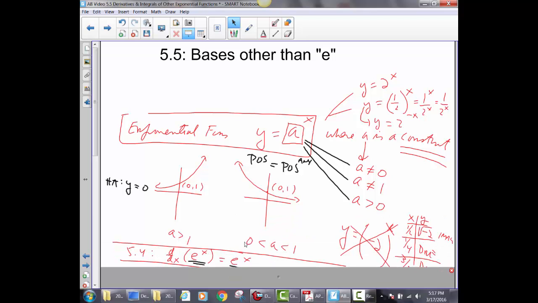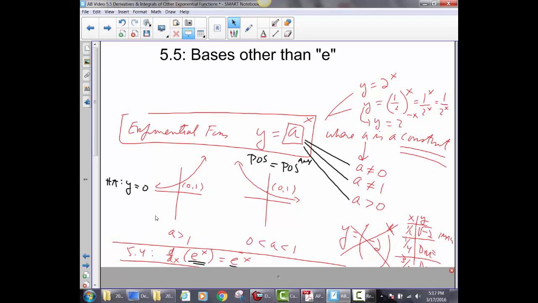Okay, so the graphs look pretty well the same as y equals e to the x. The only thing is e is bigger than 1. If it's a half or 2/3 or 4/5, a fractional base between 0 and 1, then instead of the graph rising and going through 0, 1, it's going to fall.